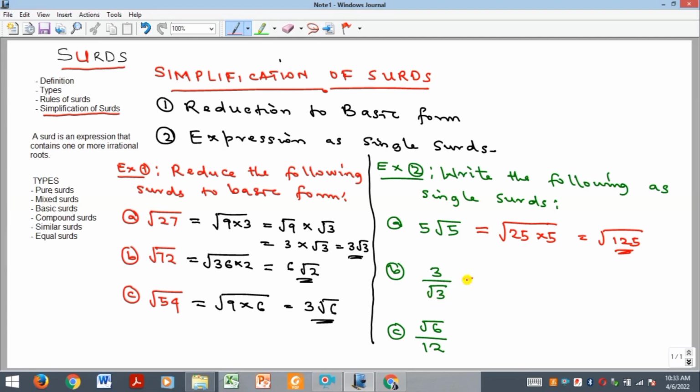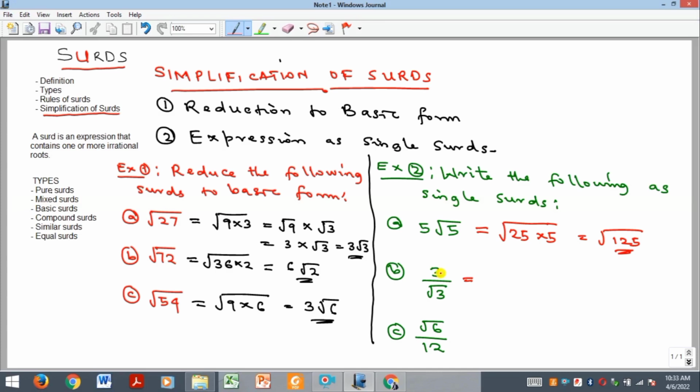And so what about the second example? The second example is going to lead us also into one of the rules of surds that we discussed here. And what is that rule? The rule of division. So what should I do here so that I'll be able to get one surd that I'm looking for? Now I'm also going to know that for this 3 here to become a rational number, the square root was taken.